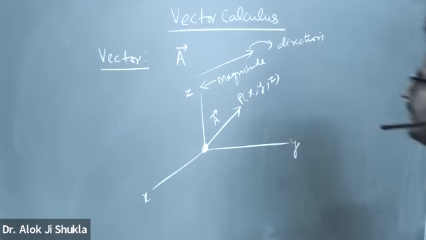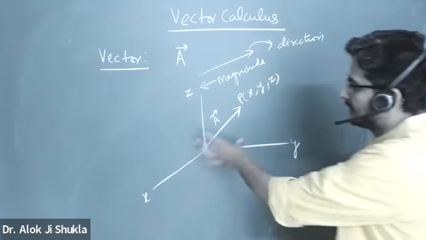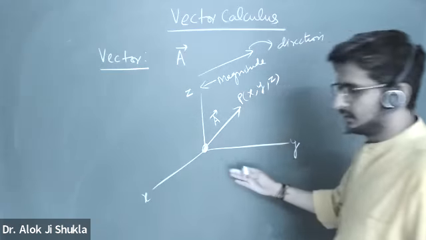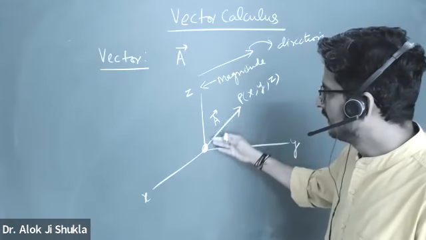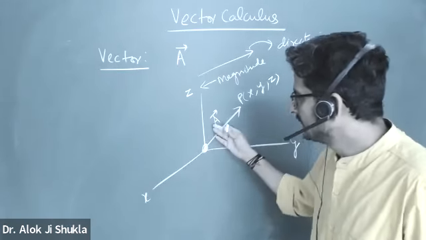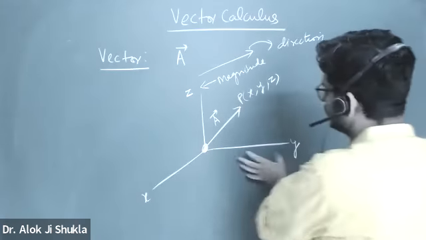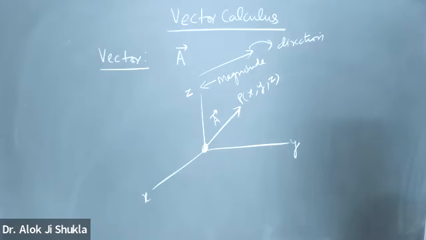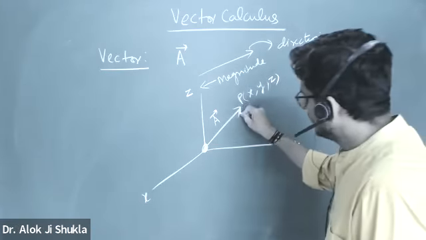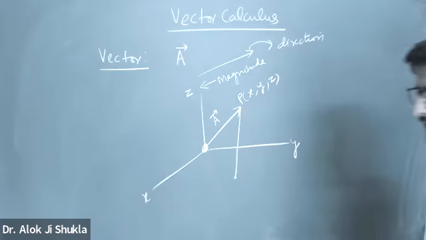So the meaning of vector is that we are in a three-dimensional world. So position wise, this vector means what is its contribution towards X, what is its contribution towards Y, and what is its contribution towards Z. So how do we see that? From here we drop a perpendicular on the XY plane. You have to imagine a little 3D.